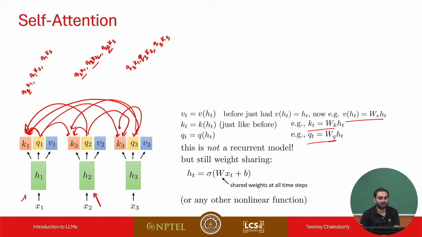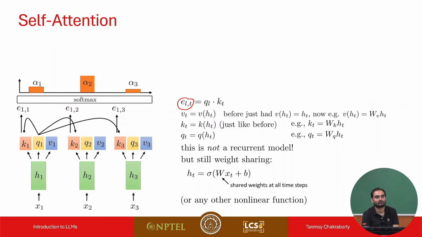K1. Okay, now these are attention scores. We denote these scores using E. What is E_LT? The index L corresponds to query and T corresponds to key. So we got attention scores. Then we pass these attention scores through a softmax, and we get the attention distribution.